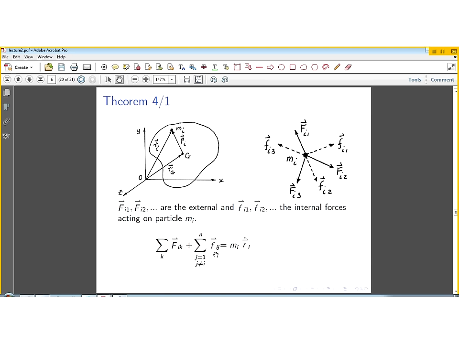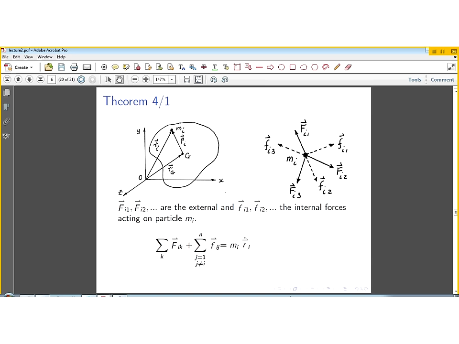So this is a summation of f sub ij, for j from 1 to n, except for the case where j is equal to i, because when j is equal to i, there isn't a term like that, because the particle i does not exert a force on itself. So this equation, you should be clear in your mind, is a statement of Newton's second law for the ith particle in our system.